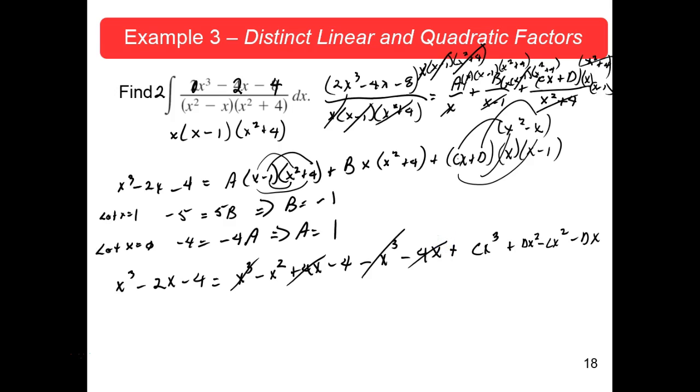Plus 4x and a minus 4x. They went pretty easily. And we can look at both sides and see we got a minus 4 here and a minus 4 there, so they're going to disappear too. Now that leaves us the x cubed terms. Here we have a 1x cubed is equal to cx cubed. So guess what c has to be?